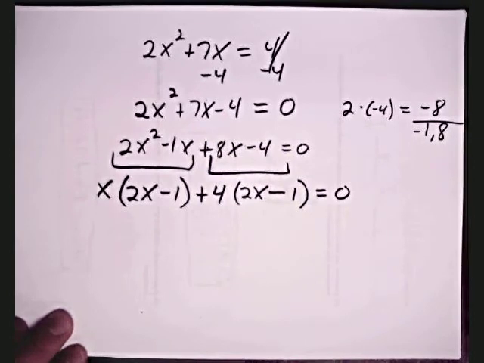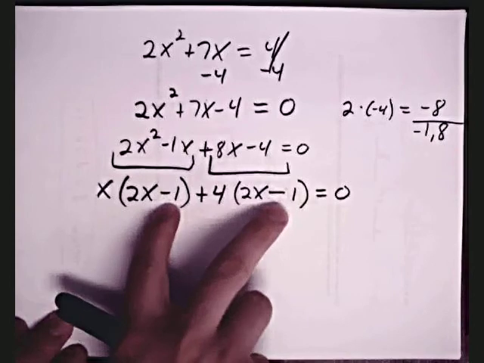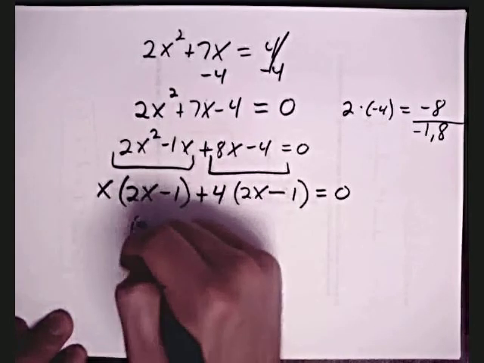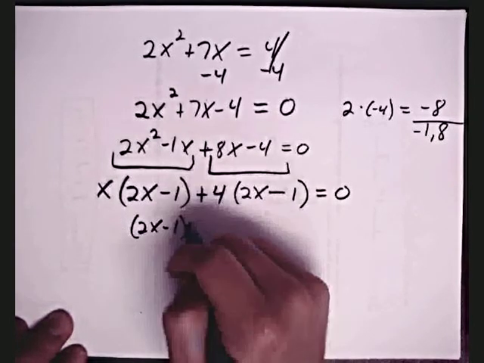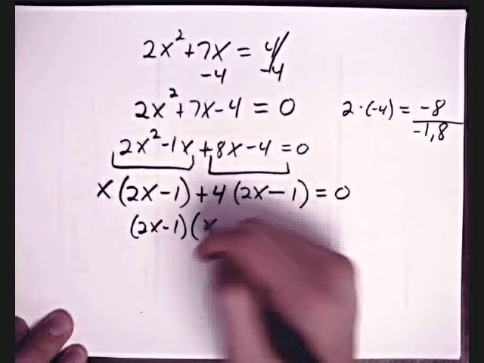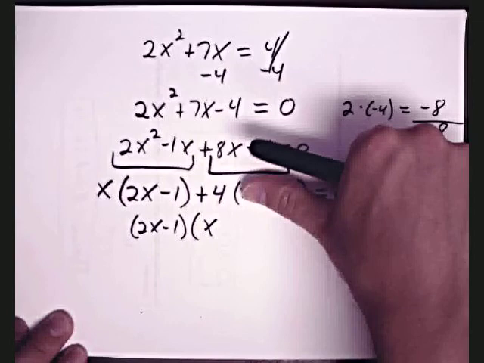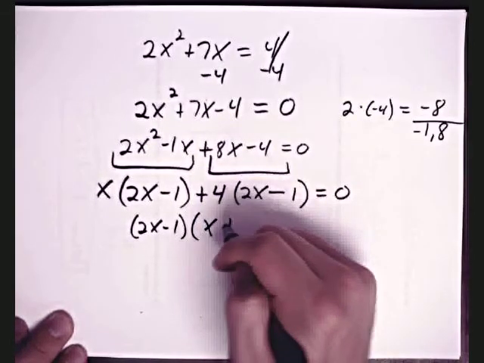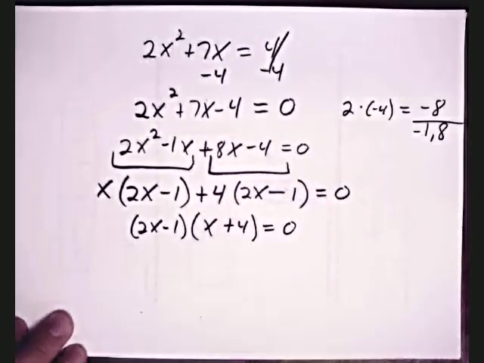Remember factoring by grouping, key to knowing that you're correct is these two should be the exact same. So if I factor 2x minus 1 away, I'm left with an x. If I factor 2x minus 1 away, I'm left with a 4. So there's our factoring completely.